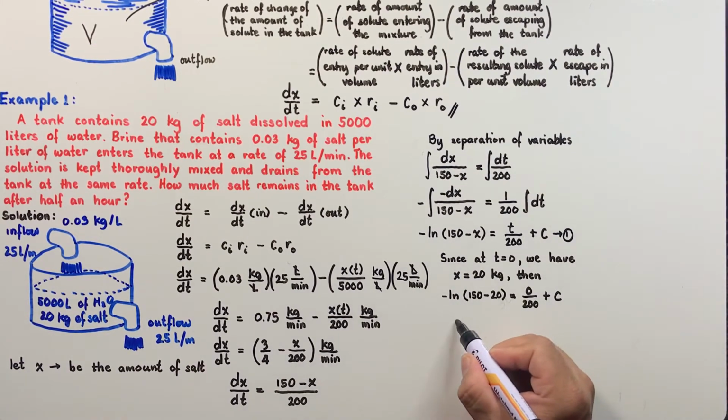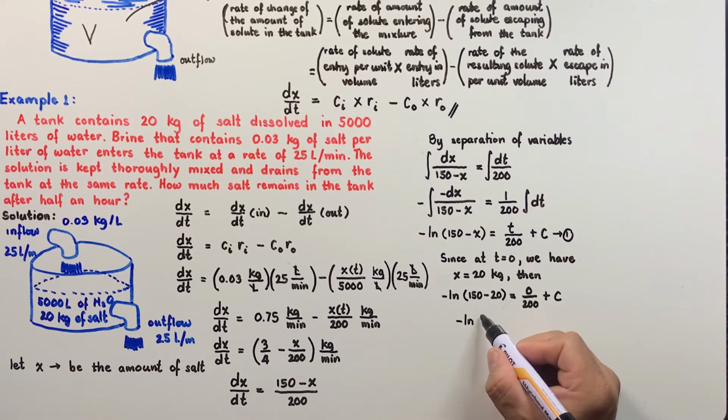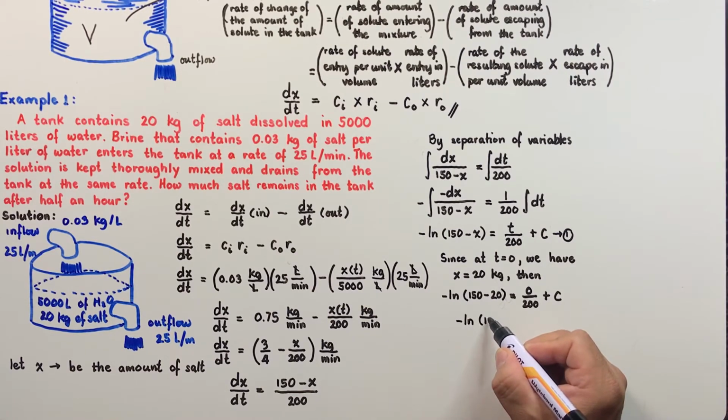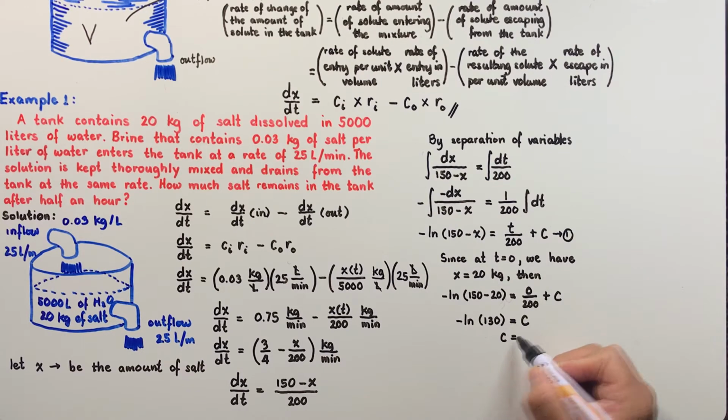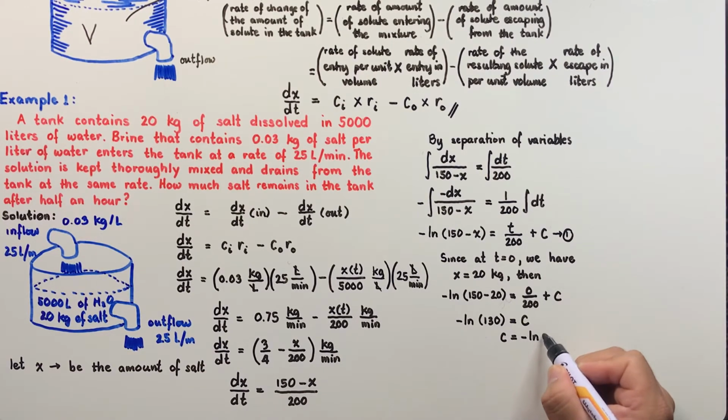So, solving simple arithmetic, we have the negative of the natural log of 130, which is equal to our constant of integration c. Hence, our c is the negative of the natural log of 130.